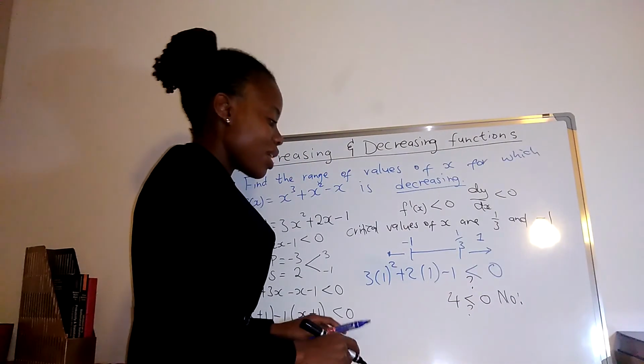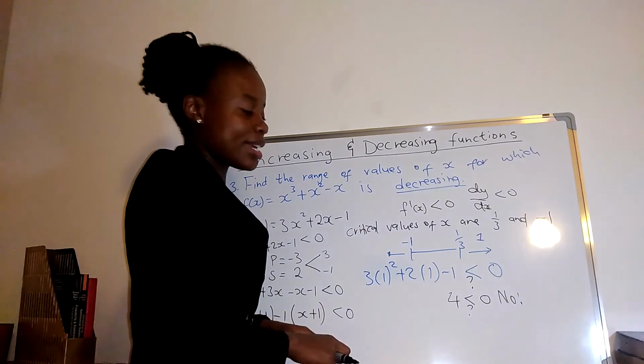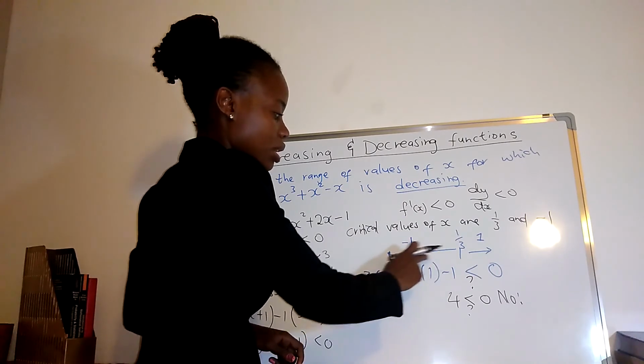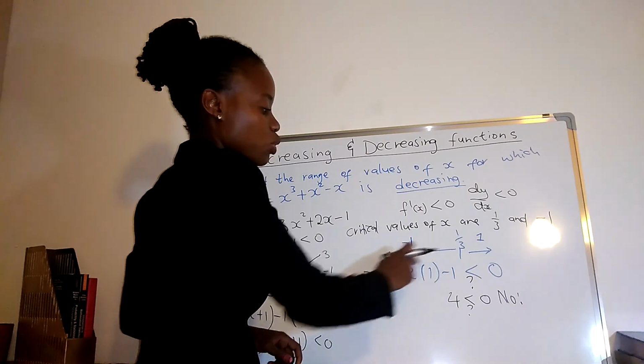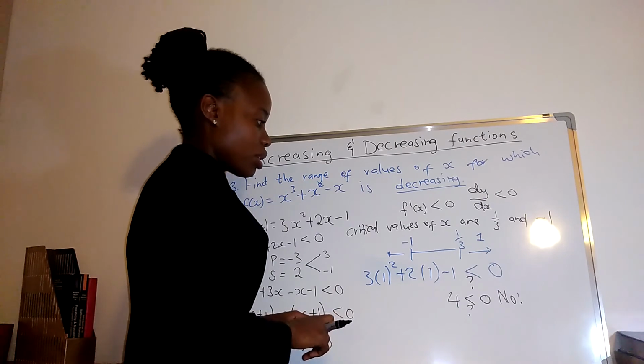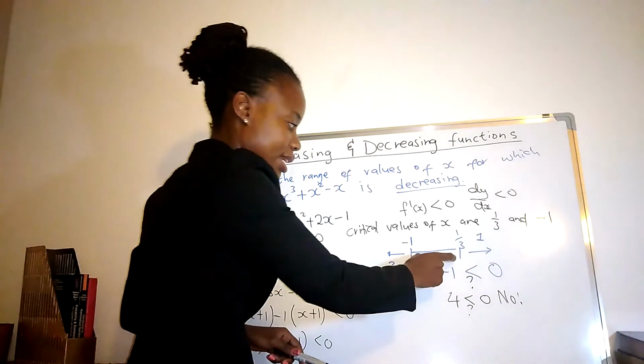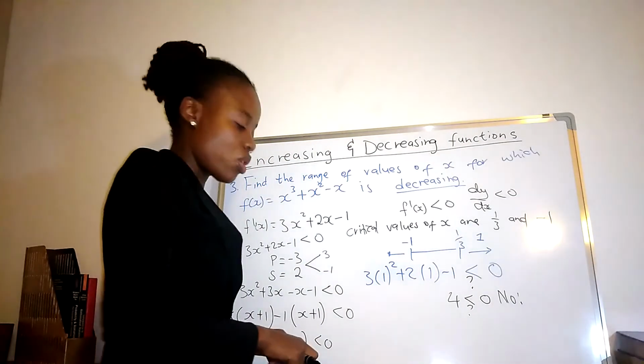If it's not less than 0, it means that our answer is supposed to be here. It means that this side and this side are increasing, so it's decreasing between negative 1 and 1 over 3.